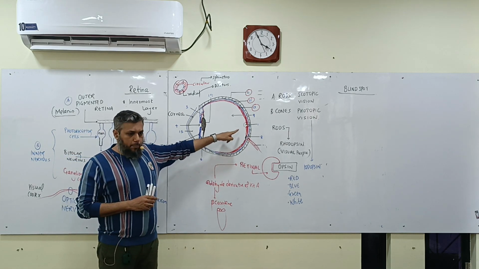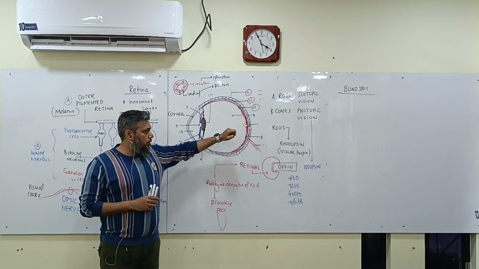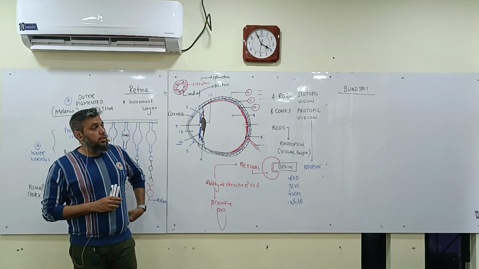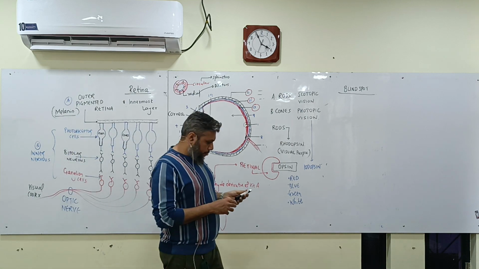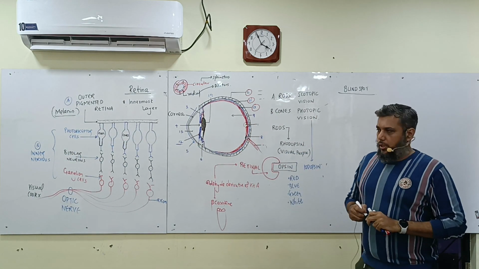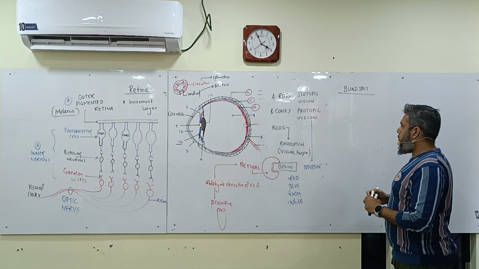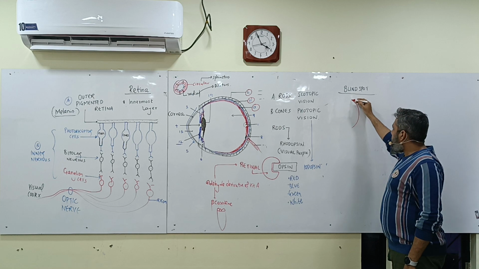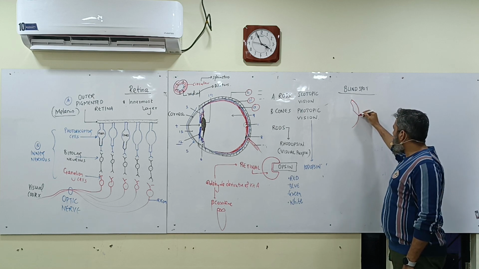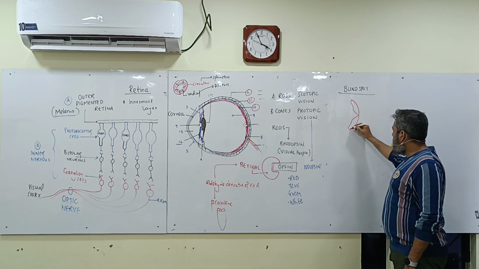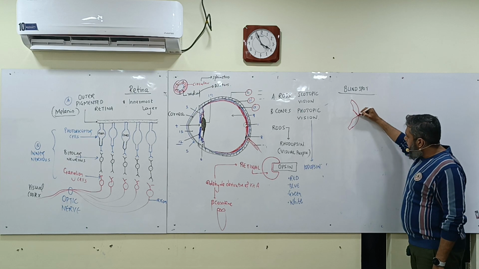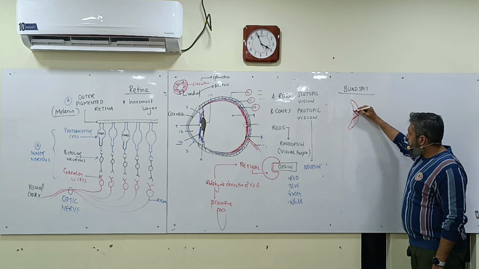And on the posterior pole, but lateral to the blind spot, there is a spot which is called the yellow spot. Okay? And this yellow spot, I just highlighted the yellow spot. Give yes or no?